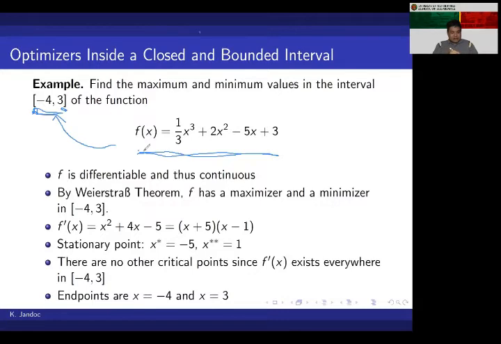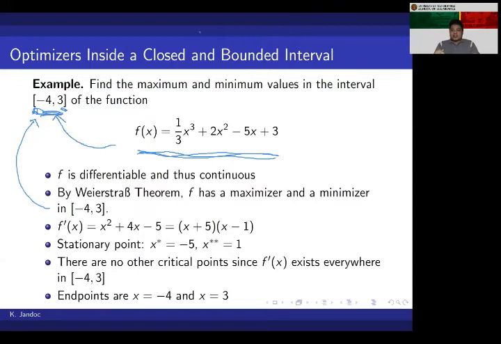We know that the function f is differentiable and therefore continuous over this domain. So we can invoke the Weierstrass theorem, which says that f has a maximizer and a minimizer that exist in this interval.